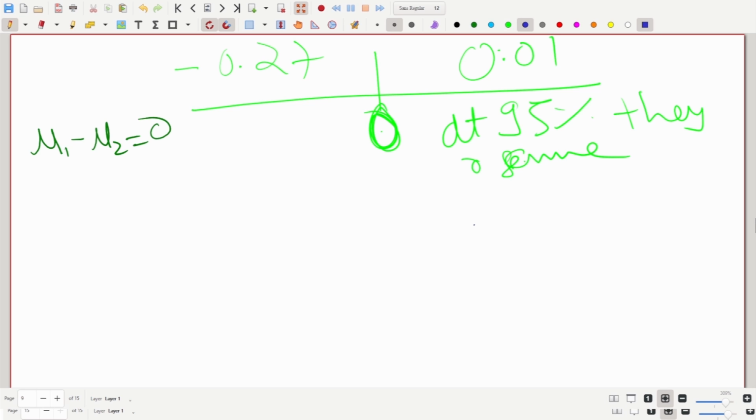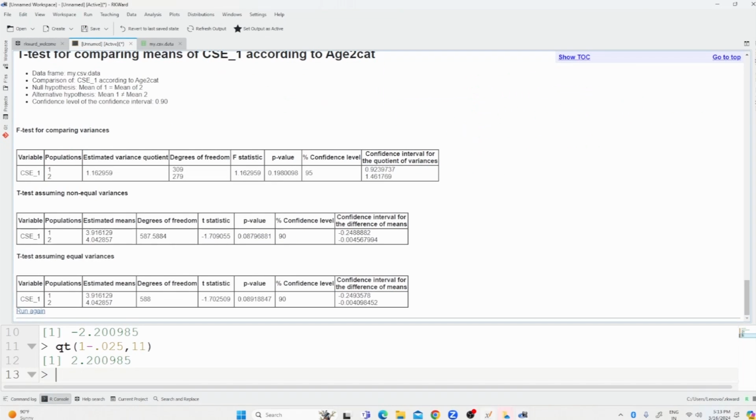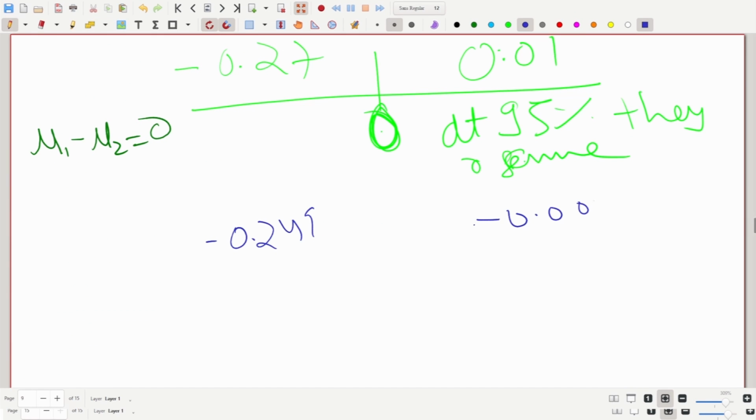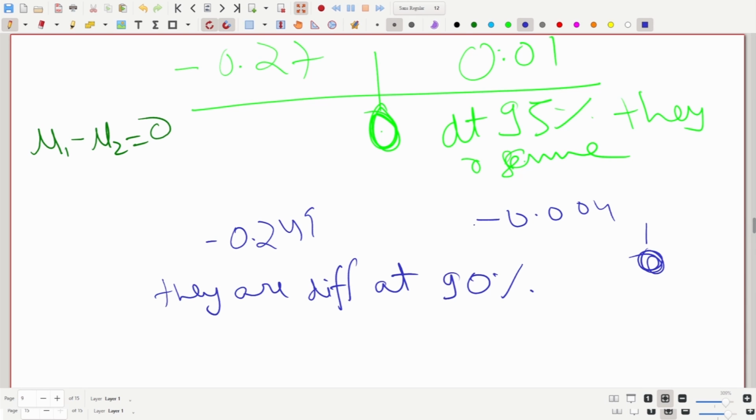What has it become? Minus 0.249 to minus 0.004. This does not contain 0. Hence, they are different at 90% confidence. As you can see, at one point we say they are same, at 95%, and at another point we are saying they are different, at 90%.